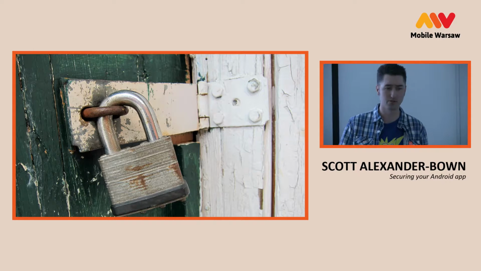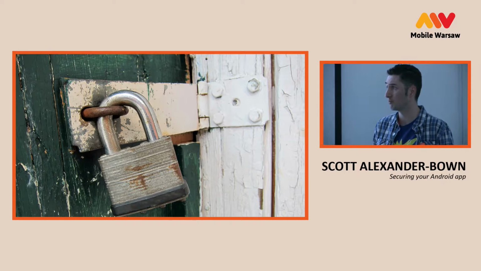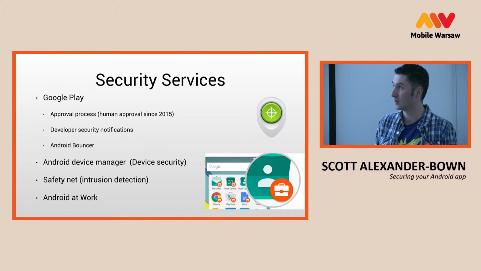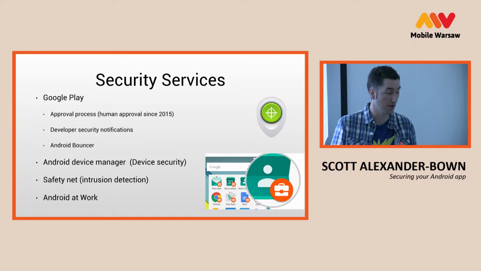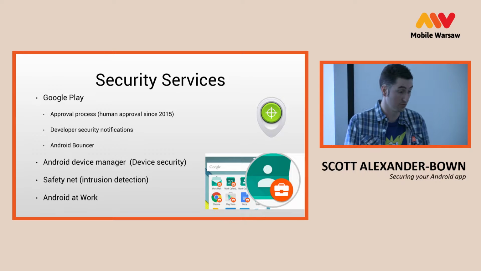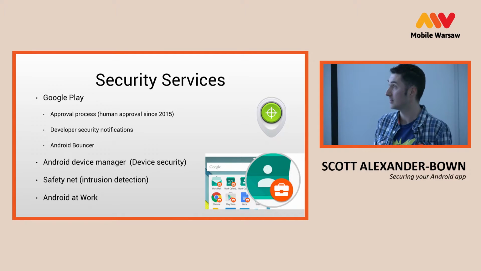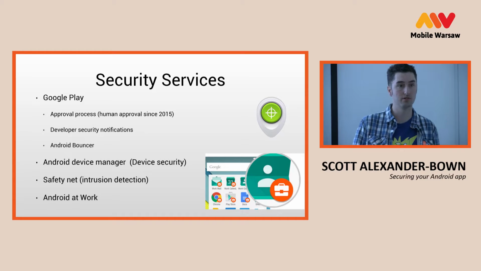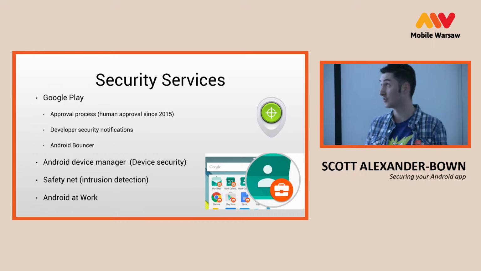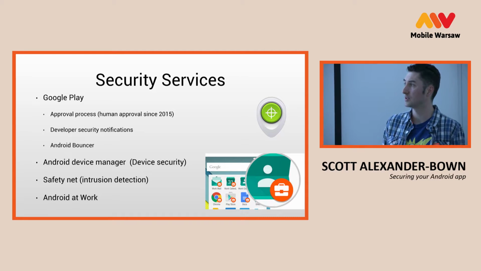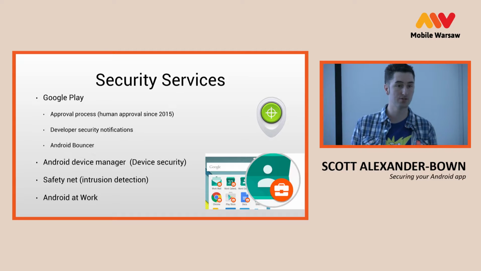So how does Google handle this problem? Well, they use a variety of services to enhance the security of each device. You're probably familiar with Google Play. There's been a human involved in the app approval process since last year. They also last year started doing developer security notifications.